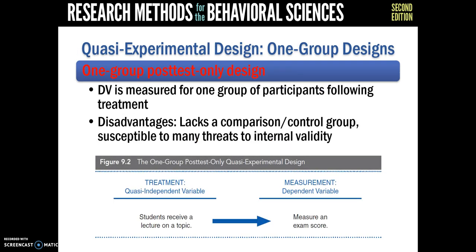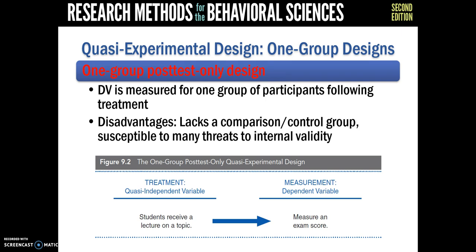There are different types of quasi-experiment. The first one we're going to talk about is called the one group post-test only design. Let's say you pick students in Psych 212, and what you want to see is whether the online teaching style I use is effective or not. You could just have them tested at the end. Only one specific group.